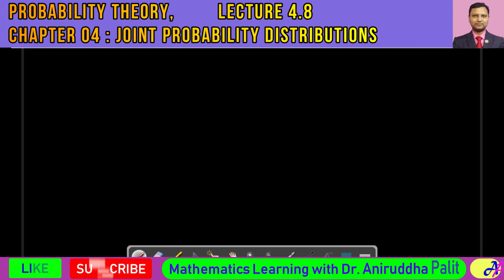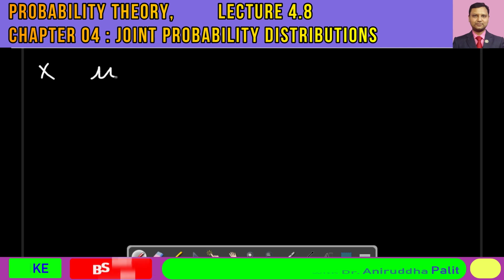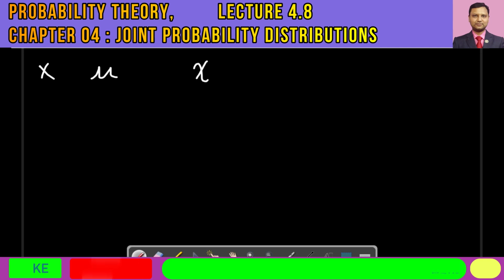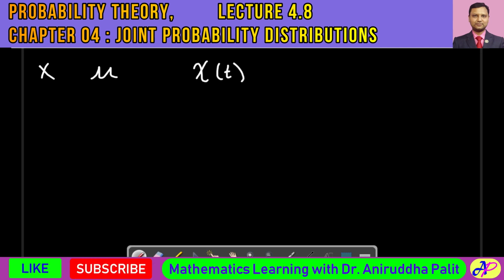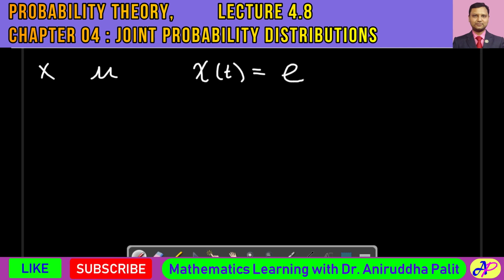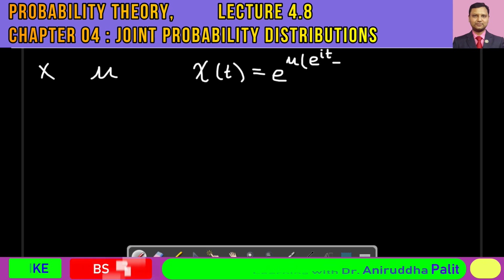We already know that in case of the Poisson distribution, if capital X is a Poisson variate with parameter mu, then we can prove that the characteristic function phi of t is equal to e to the power of mu, and in this exponent we shall have e to the power of it minus 1.